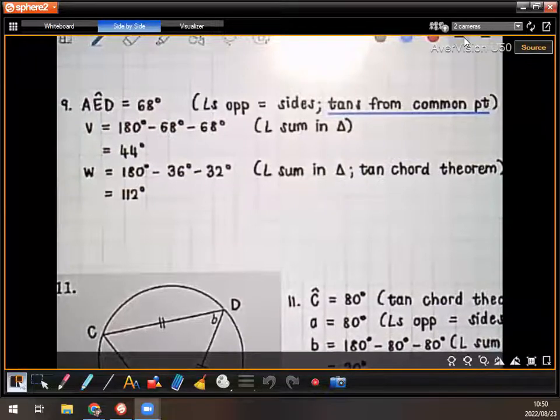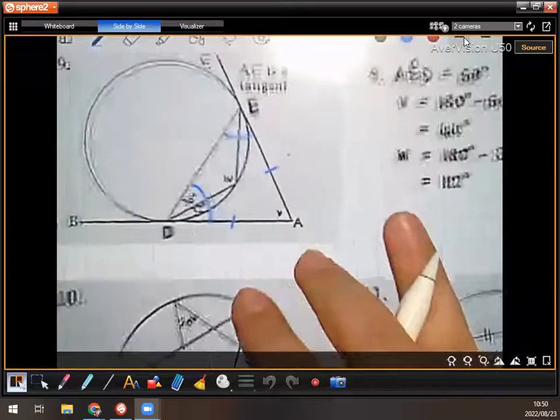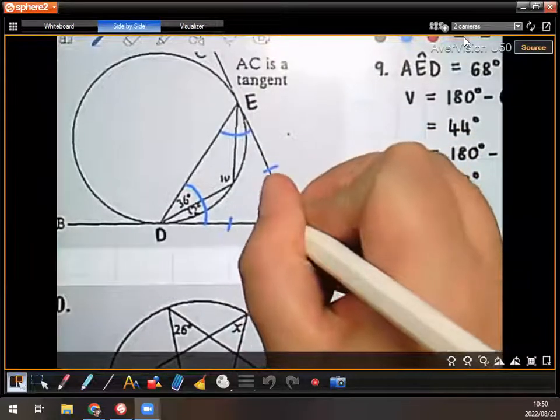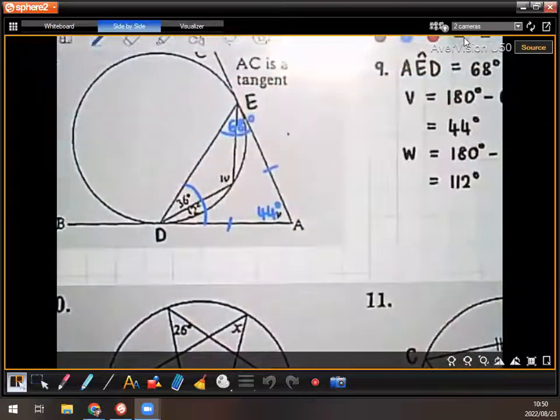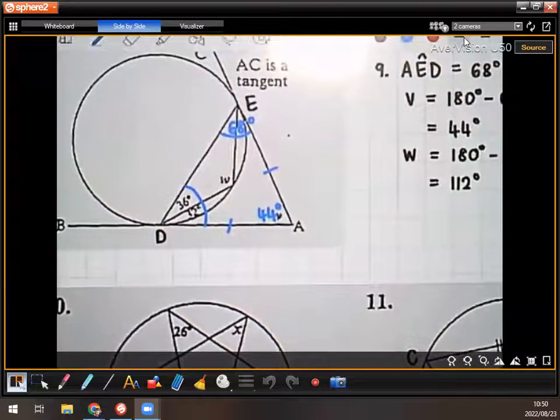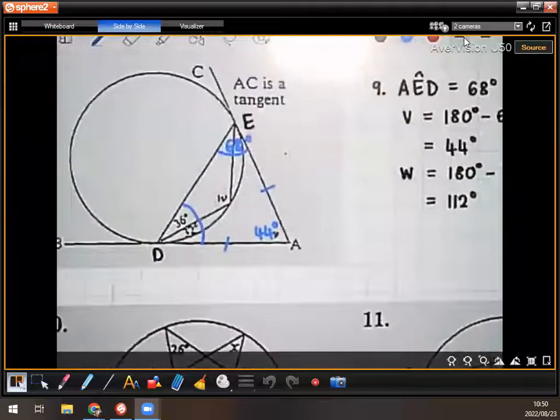Alright, I just quickly need to tell you how I got W, then I'll come back to the answer. So now we have that V is 44, and we have that that is 68. And what did I do to get W? So this one is 36. And the chord there.